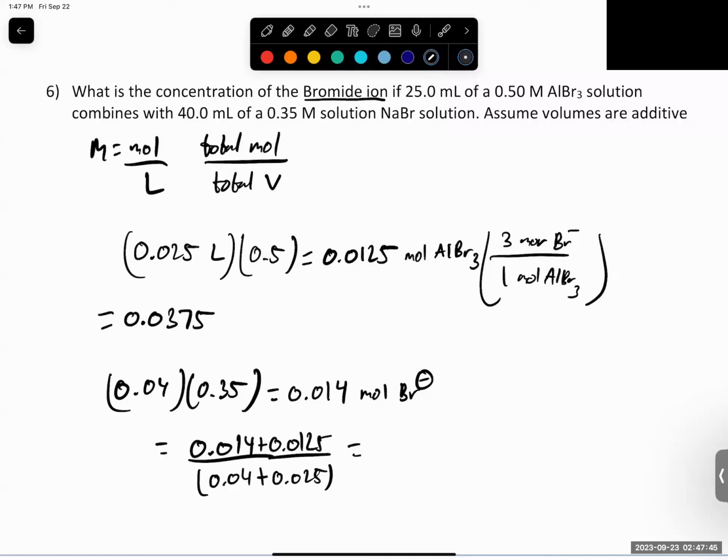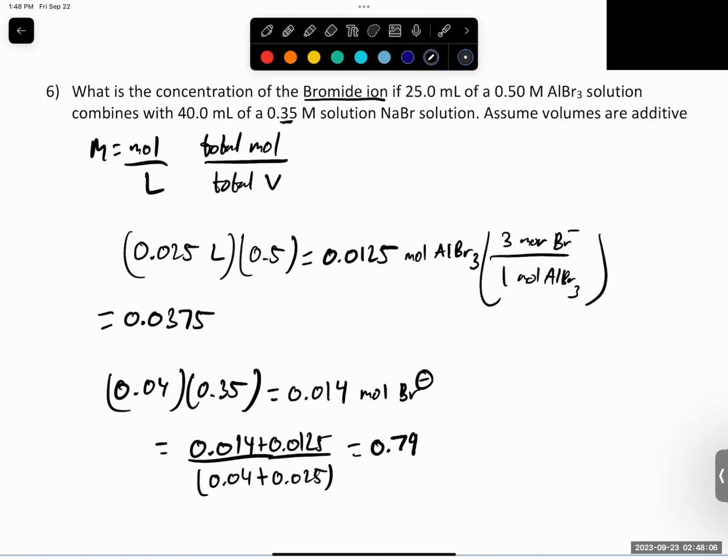There is not. Oh, there's three. My bad. There's 3 in everything except the 0.35. But you always go with the least amount of sig figs in the problem. Since this 0.35 has 2 sig figs, the final answer would have 2. So you get 0.79. What are the units for this?